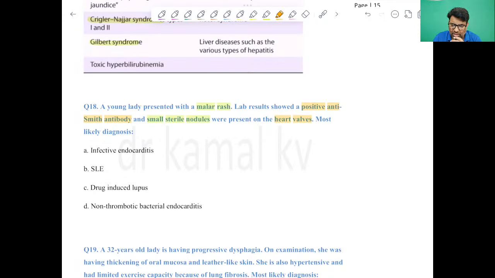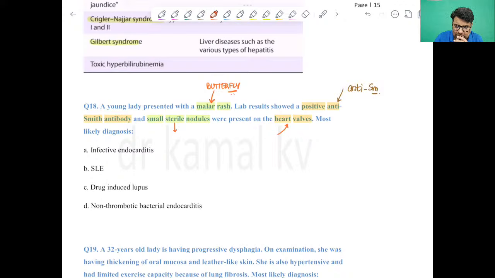Okay. Yes, classically the moment you find this word malar rash, or what you say butterfly rash, the moment you have this word, of course you can think of SLE, but there is some more hint: anti-Smith antibody, right? And there are vegetations on the heart walls which are sterile, means nothing related to bacteria, so non-bacterial.